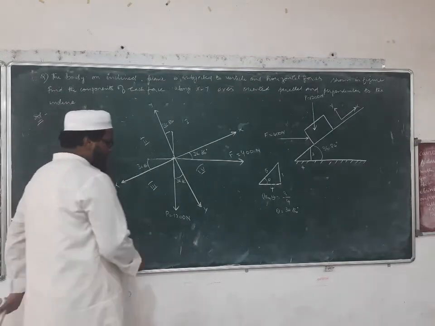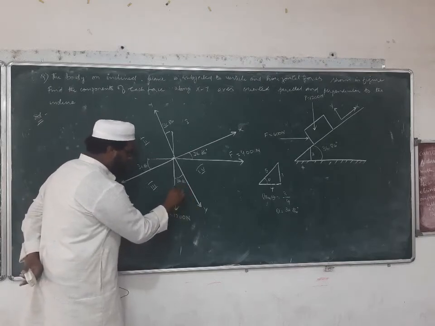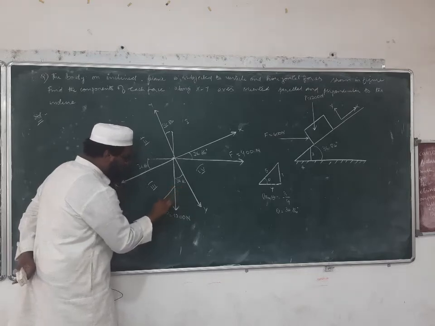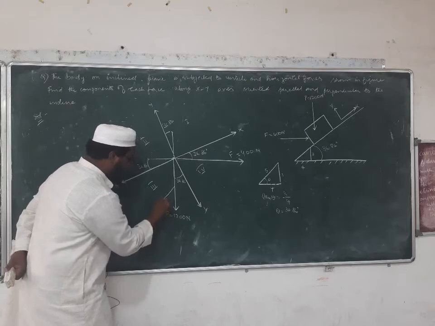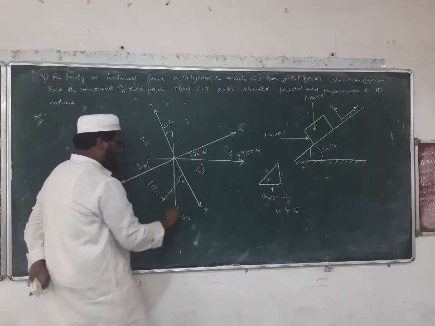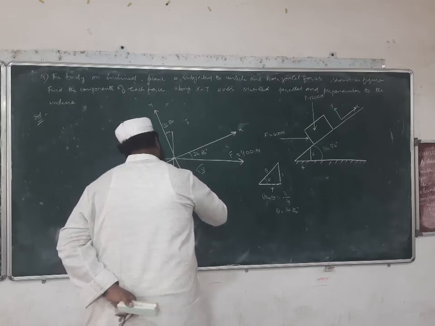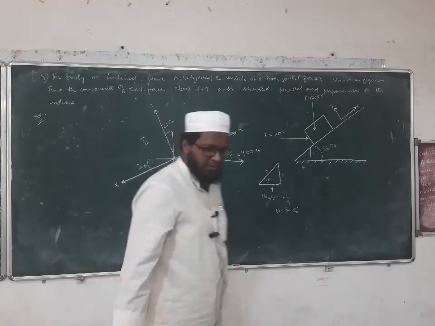How will you calculate components of forces? See here, this is y axis. Okay, so parallel to this line will be Px, and parallel to y axis will be our Py. Able to follow this one?